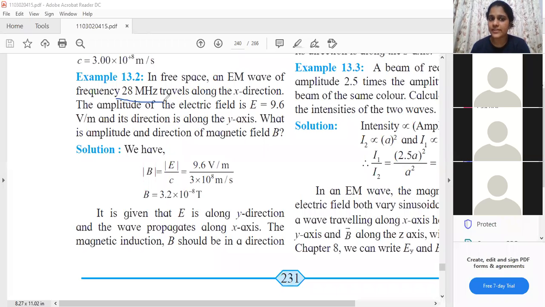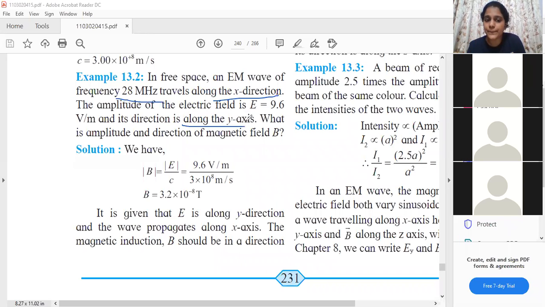EM wave of frequency travels along X direction. So my EM wave is propagating on which axis? X axis. The amplitude of the electric field E and its direction is along Y axis. So if my wave is going on X axis and my electric field is on Y axis, then what is going to be the axis of B magnetic field?